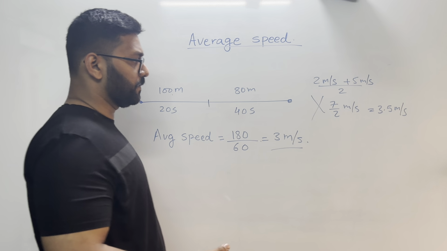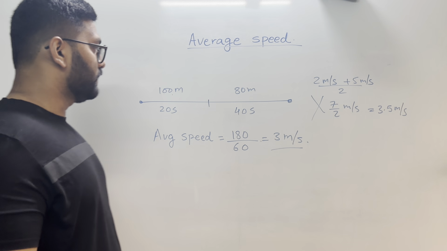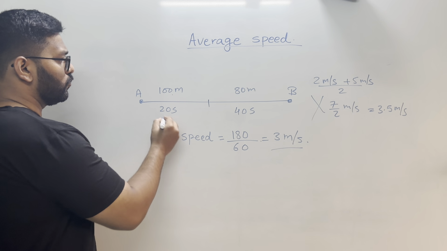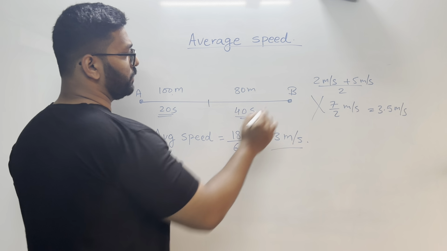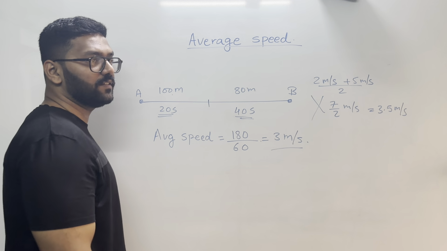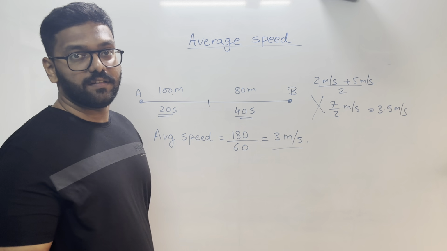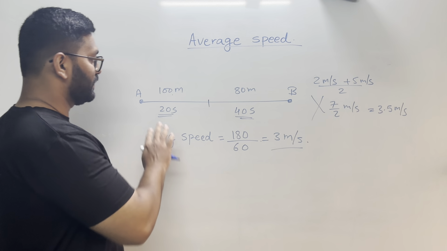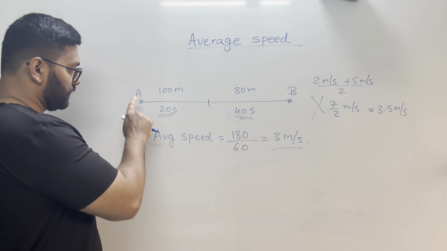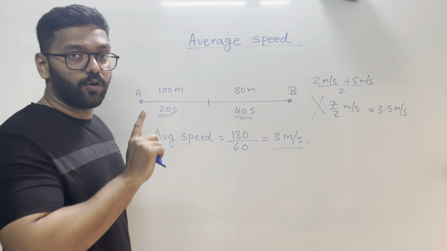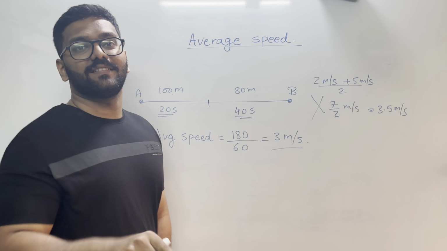Now what is the meaning of average speed? Suppose this is a car going from A to B. It took 20 plus 40, 60 seconds to reach from A to B. Now, if it has to reach from A to B in the same 60 seconds, but with a constant speed, then that constant speed is the average speed.